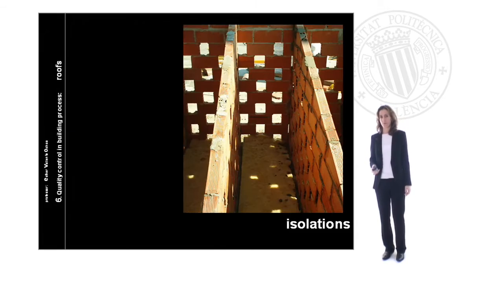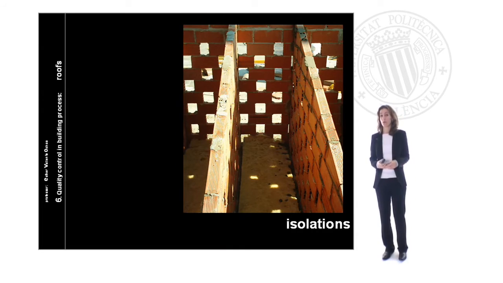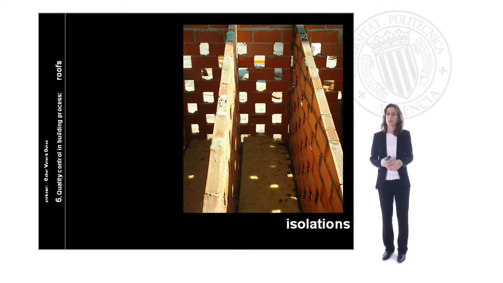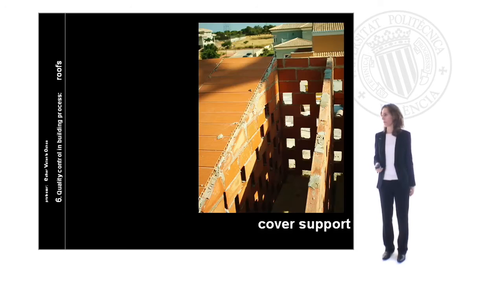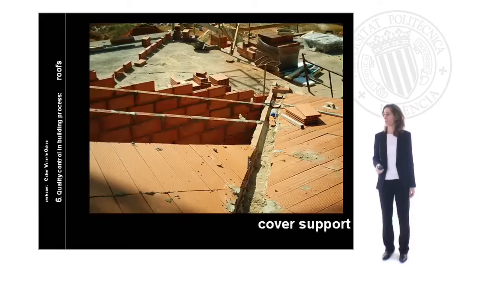Isolations include the materials we are going to add to our cover to make the inside of the building acoustically and thermally well done with respect to the connection with the exterior area. The cover support is made with ceramic pieces that connect each one of the little walls we made for the pitch.